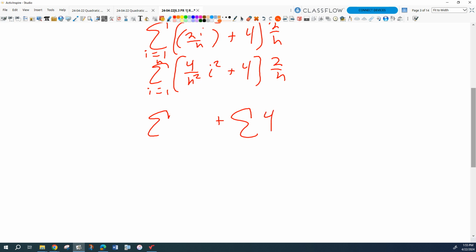If I'm summing up this first part, what can I do with the 4 over n squared? Because the sigma only cares about i's, right? So I could pull that out front too. Like I could pull this stuff out in front of the sigma. And I've just got the sum of i squared from 1 to n plus the sum of 4 from 1 to n.